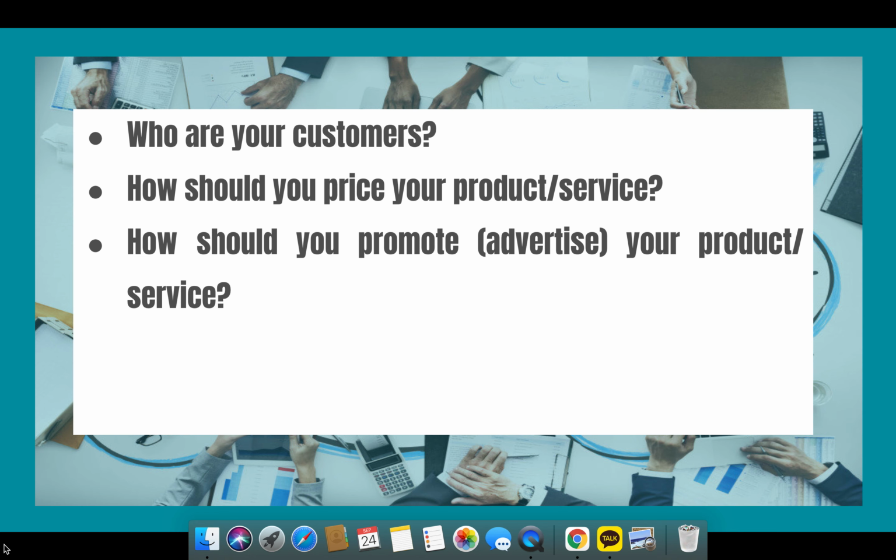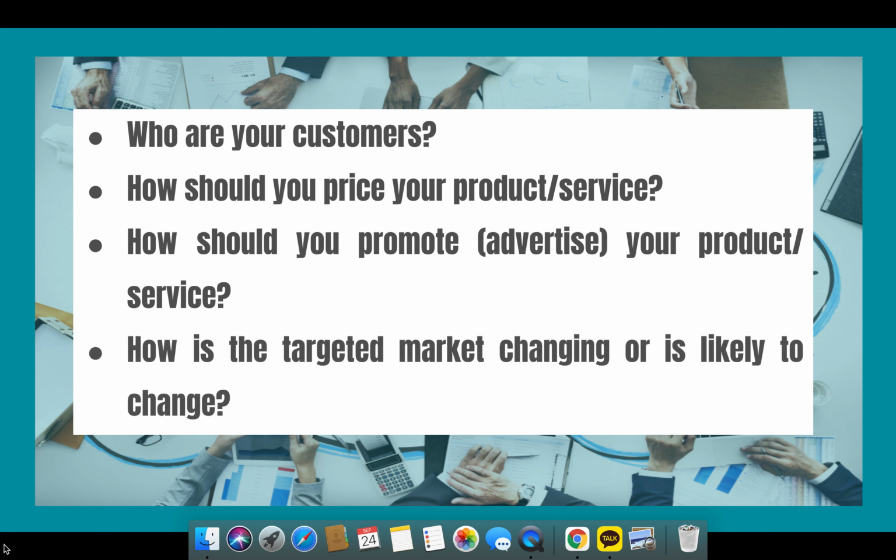And another or last question is, how is your target market changing or likely to change? Remember that there's nothing permanent in this world. So the whole business environment is very dynamic. It keeps on evolving, it keeps on changing.